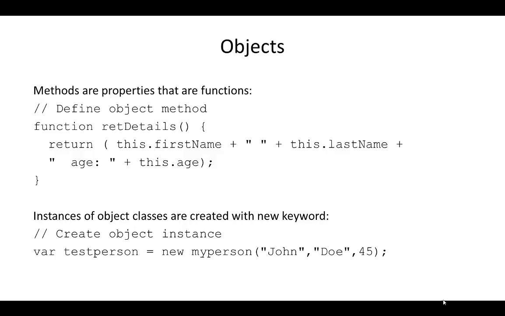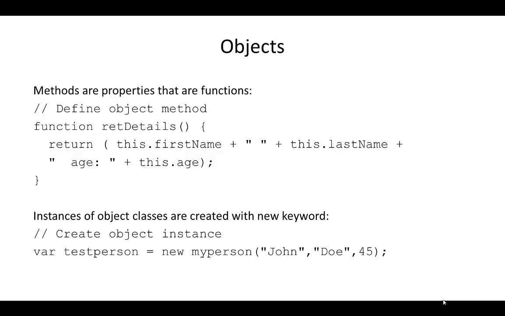And what's it doing? It's returning. It returns the value out of the function when the function's called. This is what it returns: the first name plus a space plus the last name plus a string for age plus the age. And so it's going to return a string that's a concatenation of the 3 values of the fields.